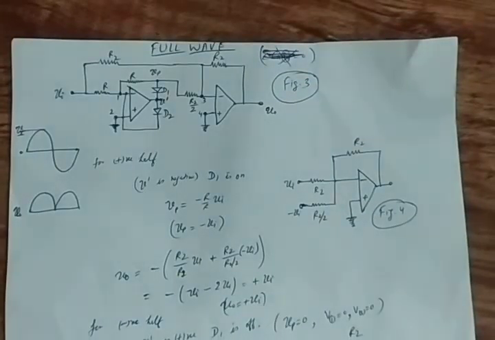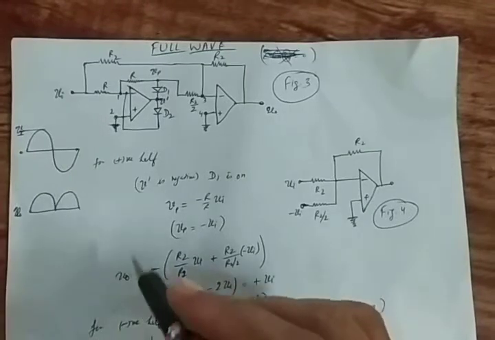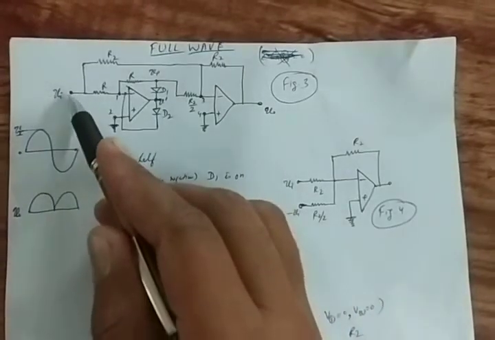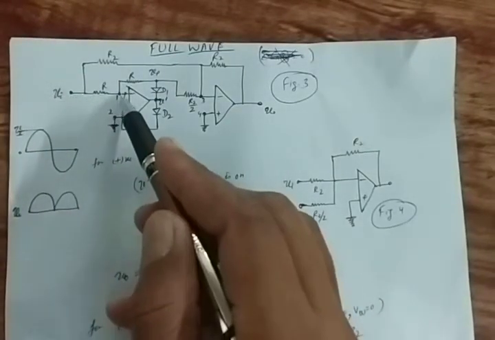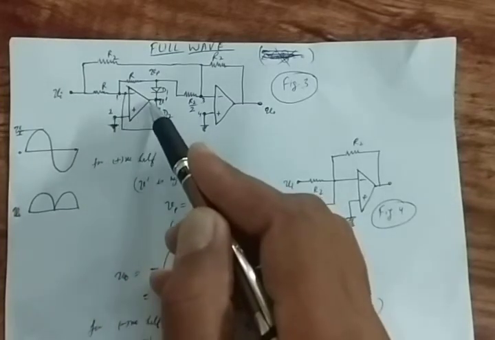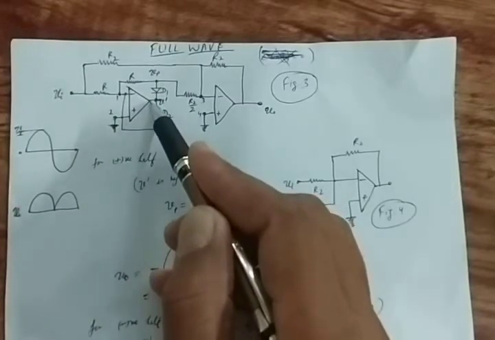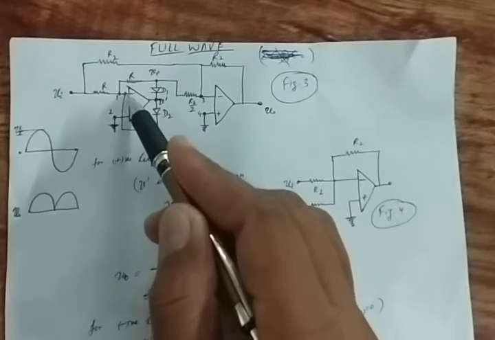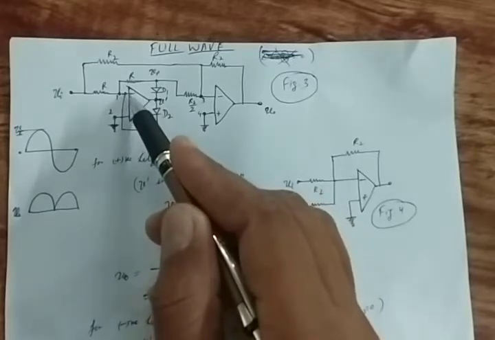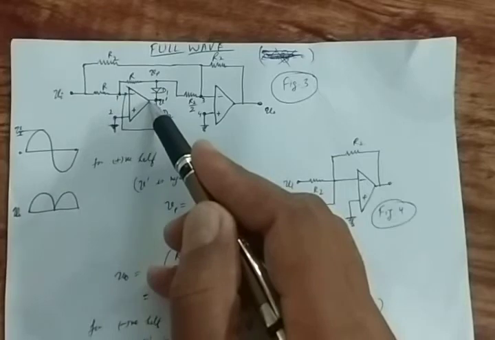Let us see how. For positive half, this is positive, so at this terminal also we have positive, so this will be negative because we are amplifying inverting terminal, so this will be negative.